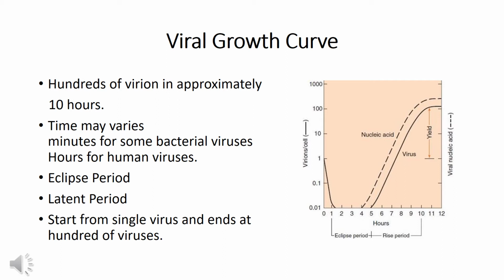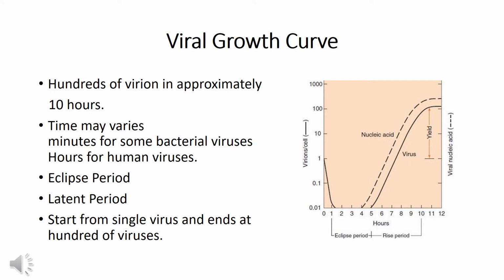Now another important thing is the latent period. The eclipse period ends with the appearance of virus, within 1 to 4 hours. But on the other hand there is another period, the latent period. This is actually the time from the onset of infection to the appearance of virus extracellularly.